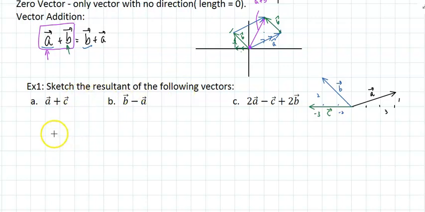So to do that, you would really start with A, and what A does, A starting at the origin is going to move me 3 to the right and 1 up. There's A. So graphically, that's how we do it. And then C, what does C do?